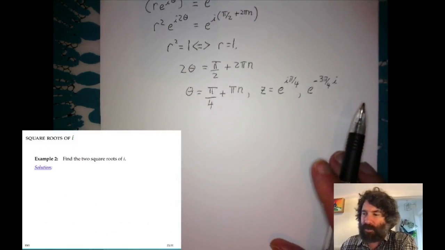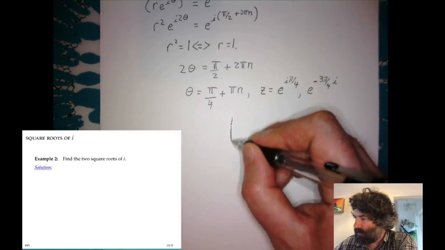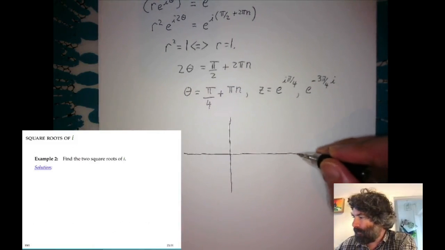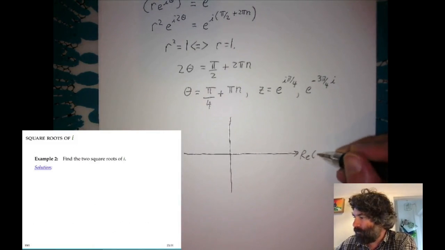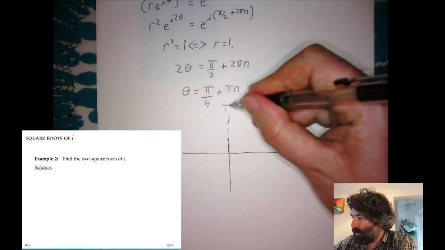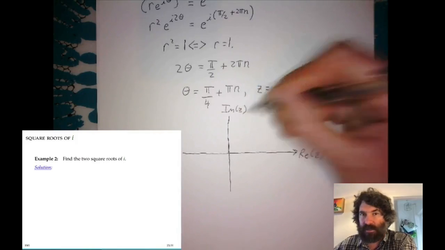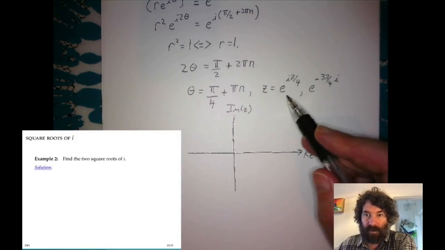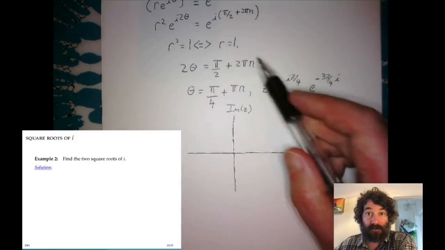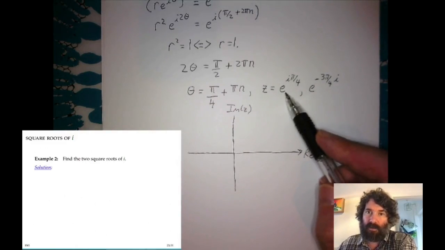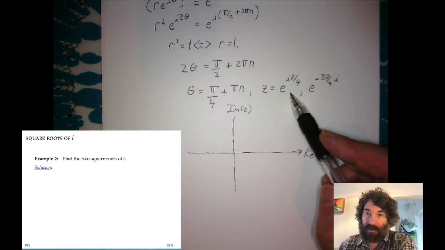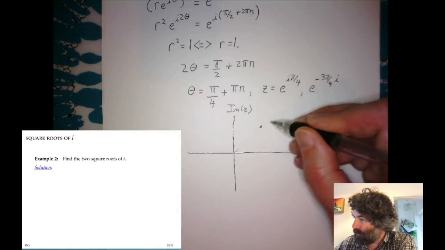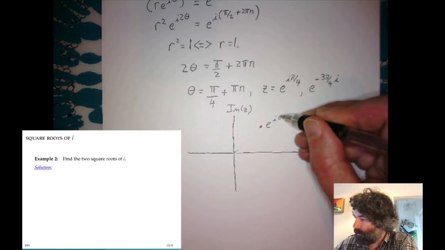If we plot them on the Argand diagram as in the previous example, we have here the Argand diagram, real part of z, imaginary part of z. Then both of them have modulus 1, r equal 1. And so this one has argument π/4, and so it's right about here, e^(iπ/4).